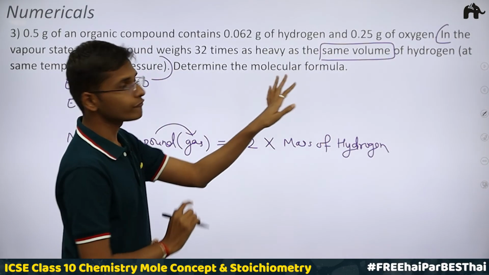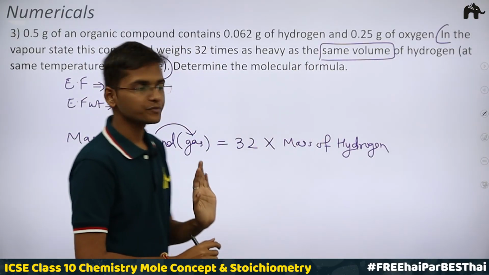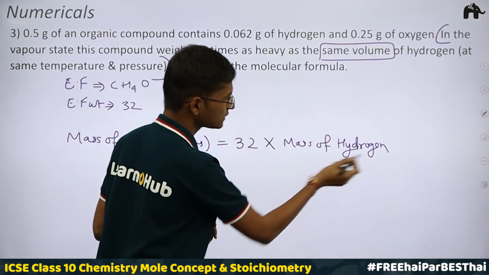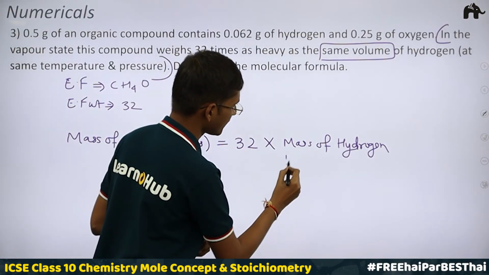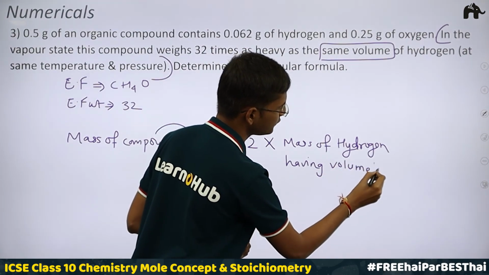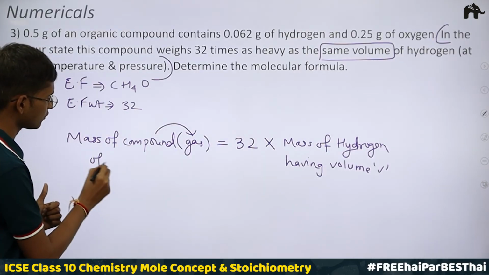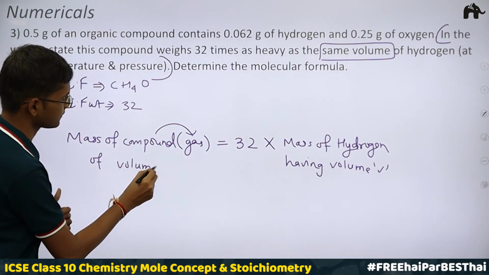Now let's come to the volume part, as heavy as the same volume of hydrogen. This means that the mass of this hydrogen gas, having a particular volume V, and this volume V is the same as that of this gas.